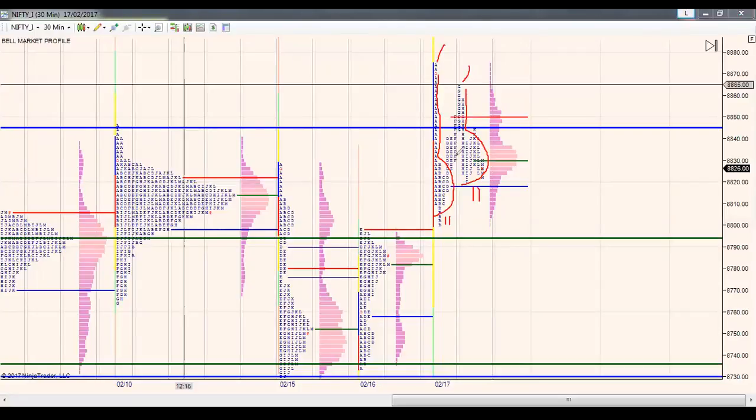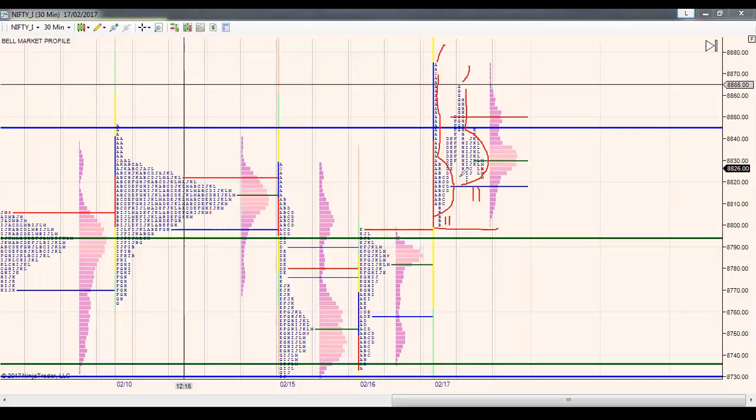So it was not a good idea to carry the short overnight. So I covered it. Also intraday I posted on Slack that we need to take out the day's low if the bears have to be in control, and that did not happen. We could not even take out this low of the first B.